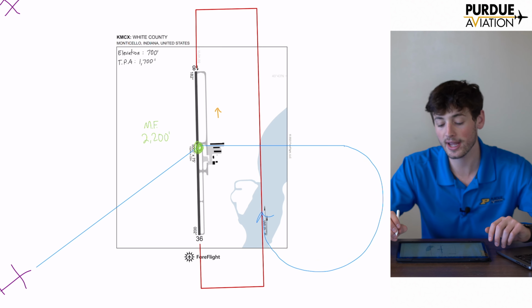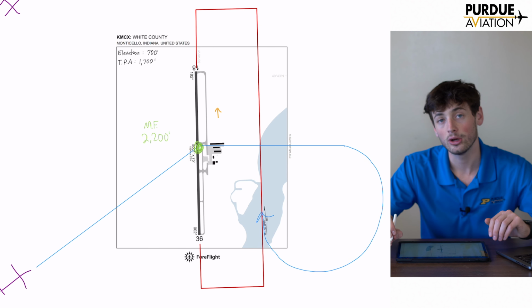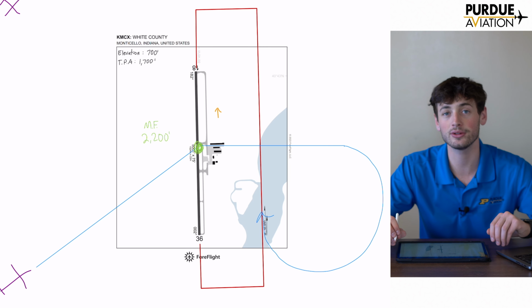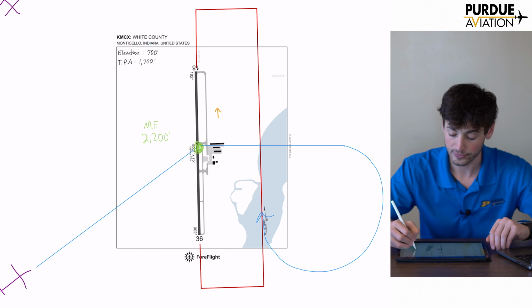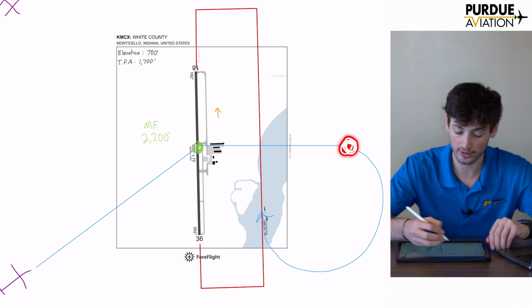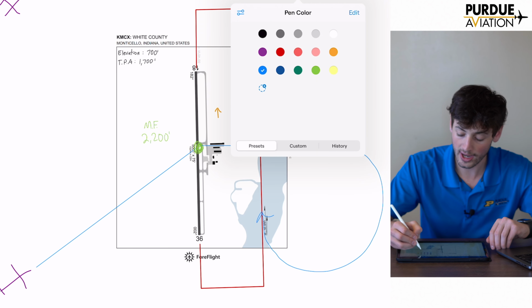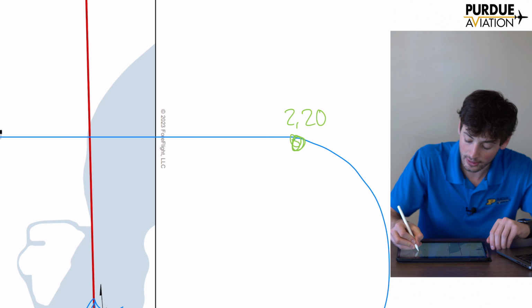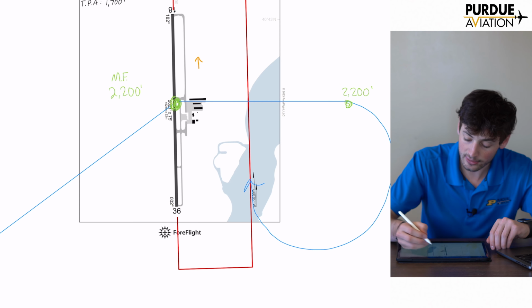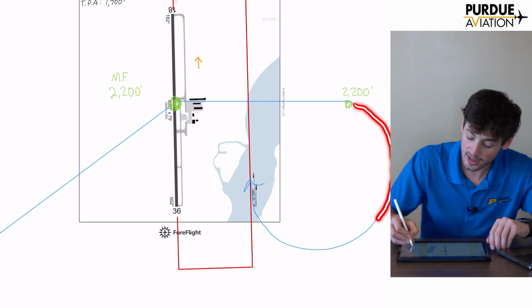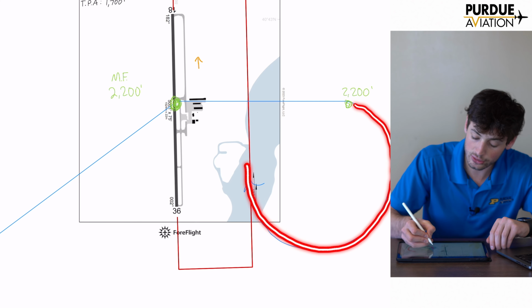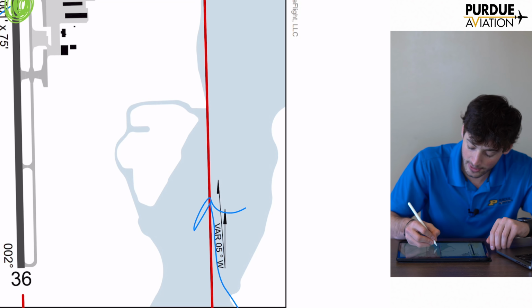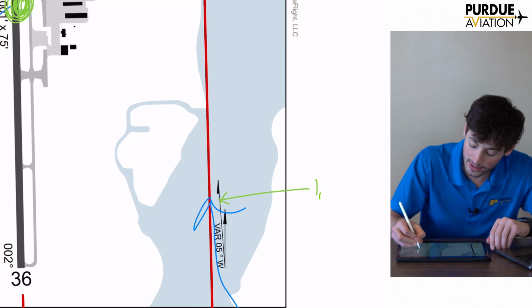Your teardrop entry is a descending, right turning 500-foot turn. So it is right here that we start our descent. Recall, what altitude were we at? Well, we were at 2,200 feet. And we're starting that descent and turning to then join the pattern. And by the time we get right here, we're going to be at a pattern altitude of 1,700 feet.